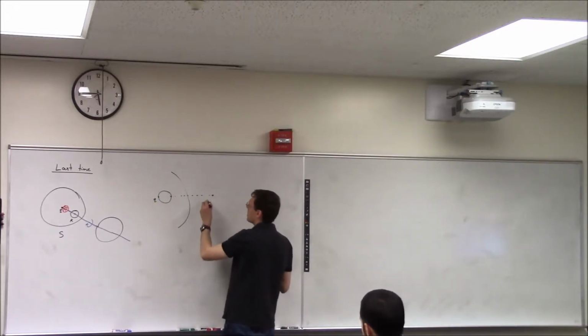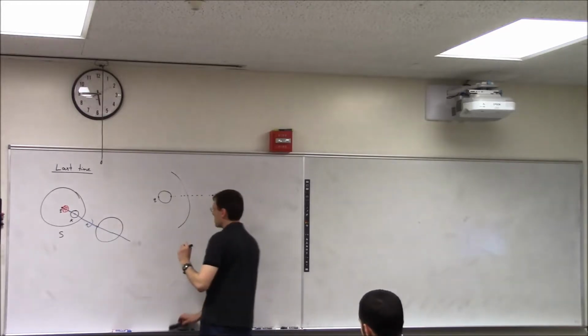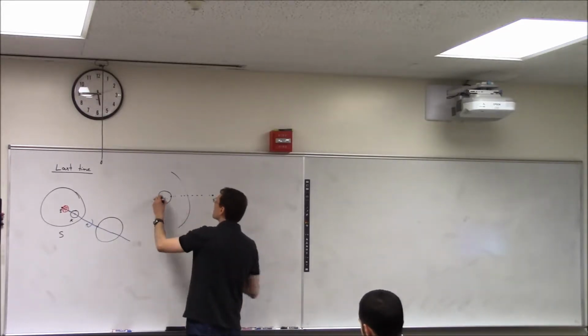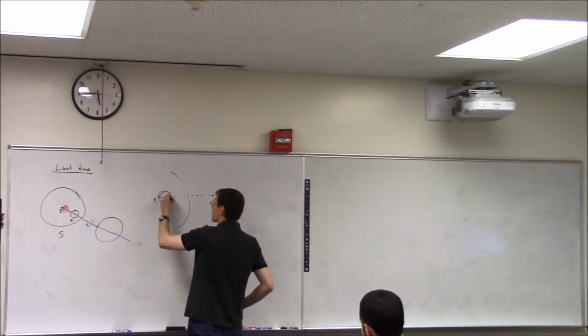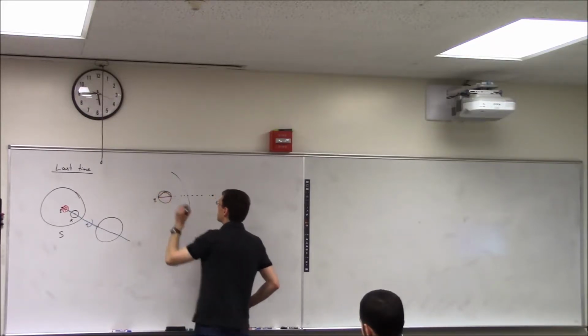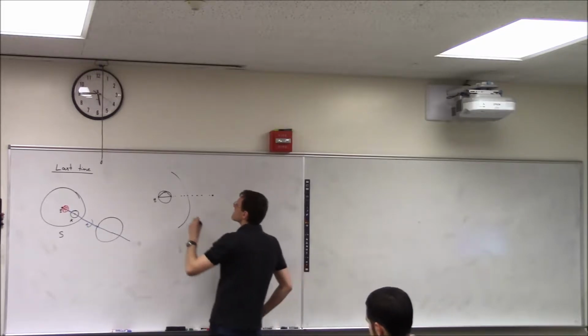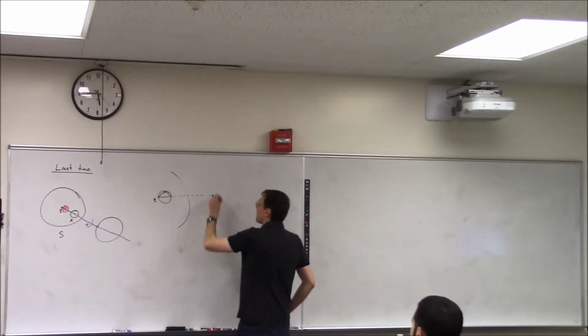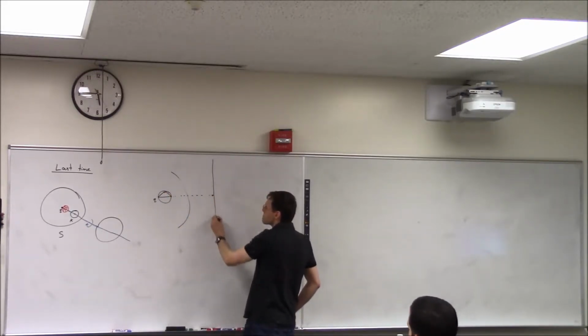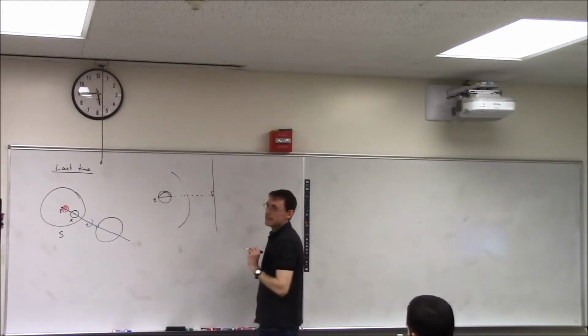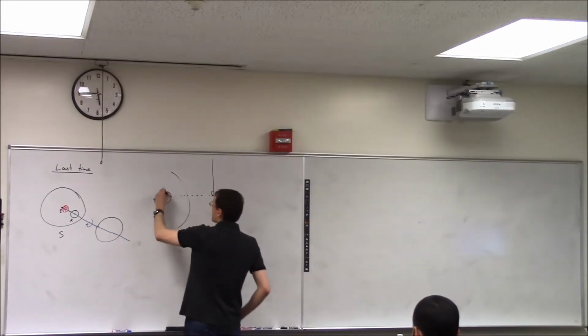It'll be somewhere here, and observe that if this is the diameter here, the angle here is 90 degrees. And the angle of a line is 90 degrees. What will happen to this point?